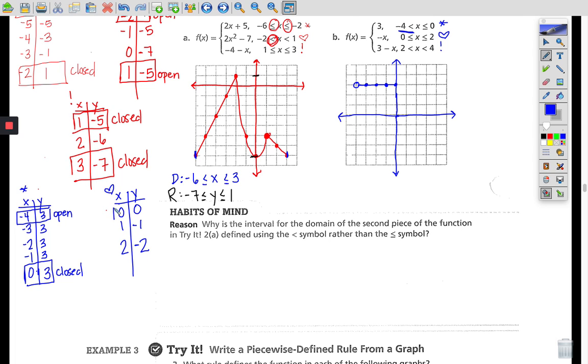At 0, 0, it should be a closed circle. Also at 2, -2 should also be a closed circle. So 0, 0 is closed. 1, -1 is, and then 2, -2 is also closed. And I'll connect those three, excuse me.